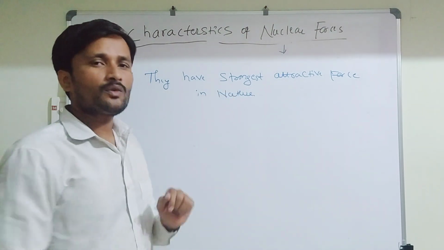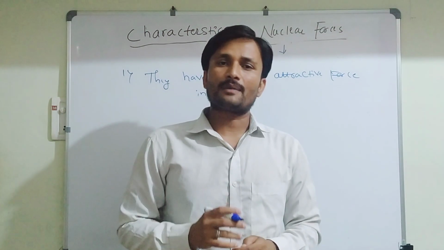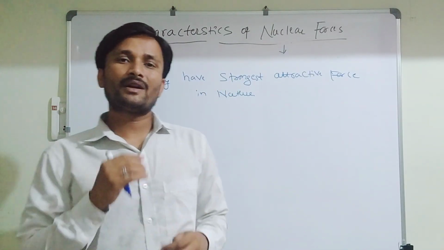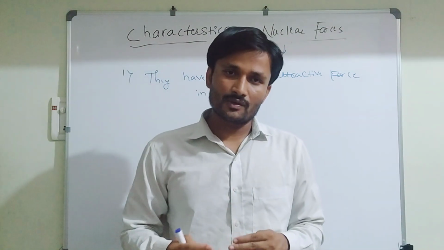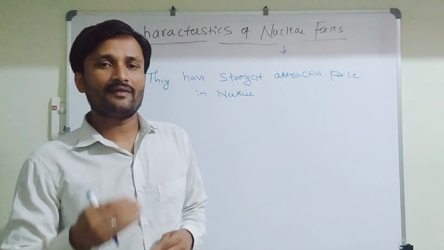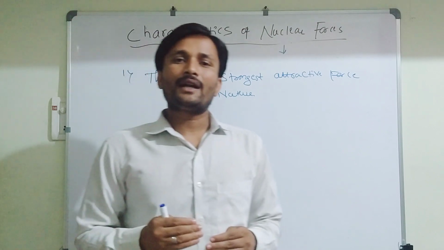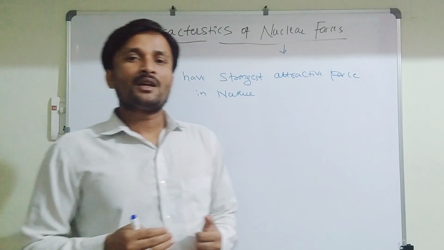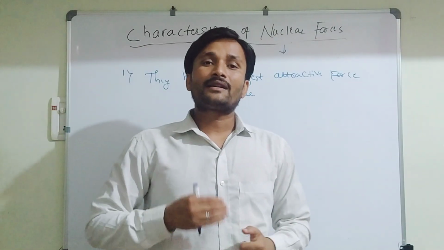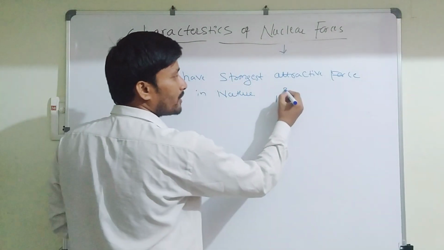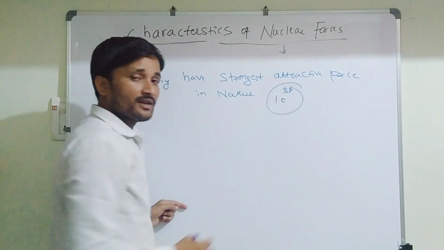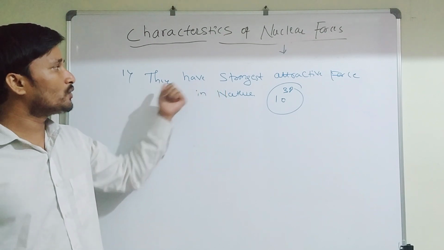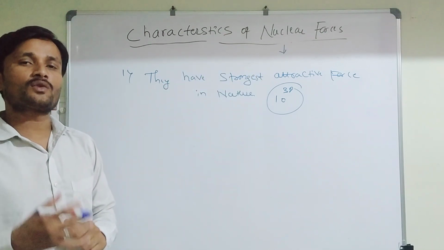We know that in PUC first year, first chapter, we heard about the four fundamental forces: gravitational force, electromagnetic force, strong nuclear force, and weak nuclear force. These nuclear forces are 10 to the power of 38 times stronger than gravitational force. That's why we call it the strongest force in nature.